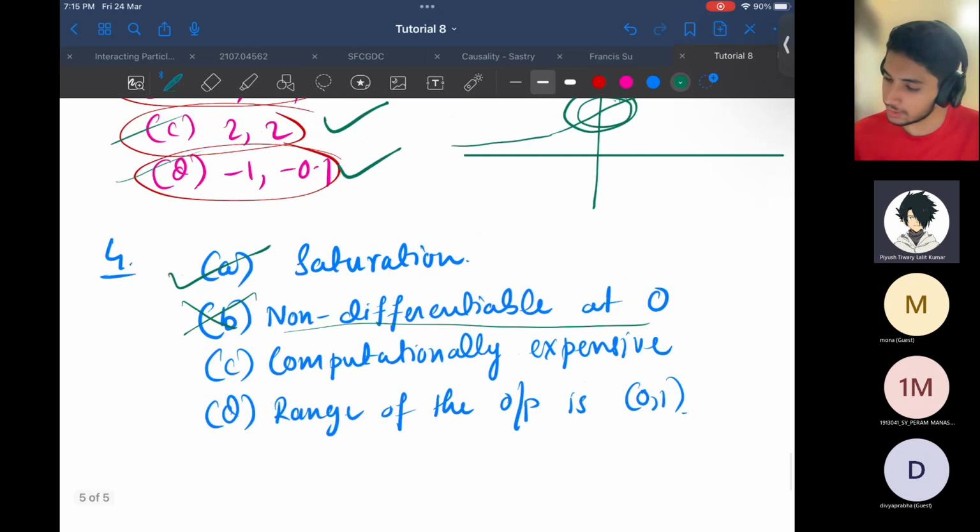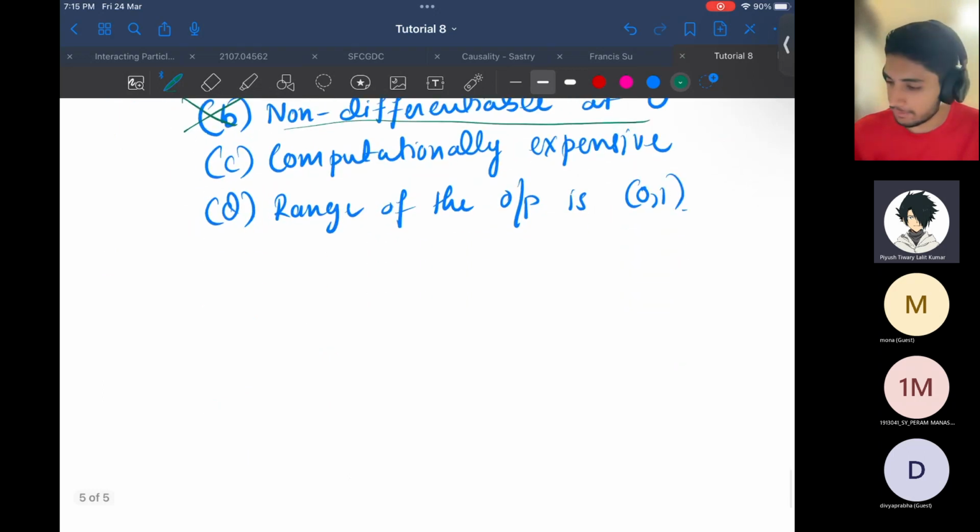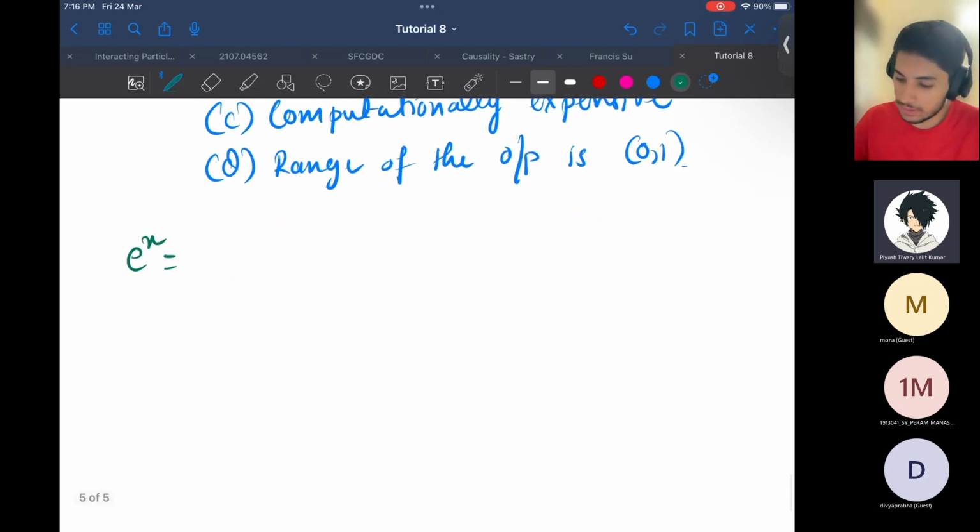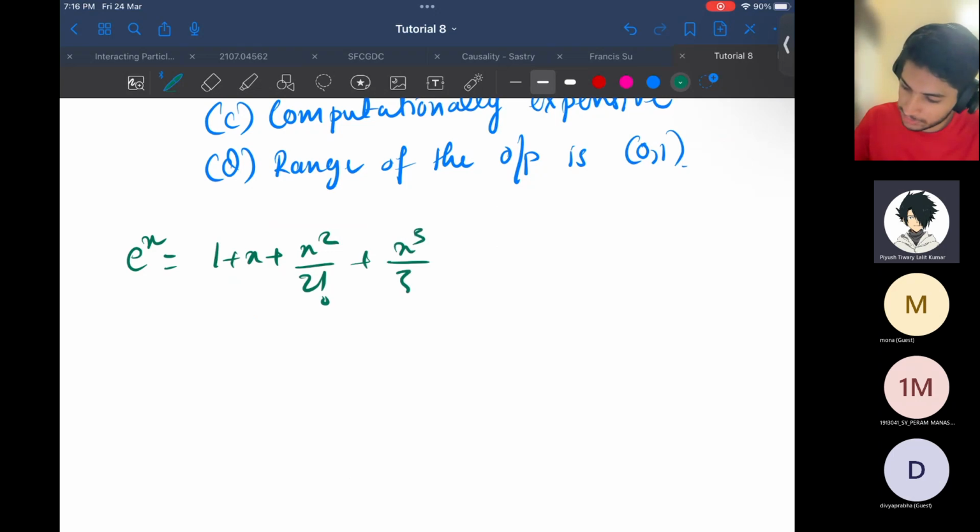Third is it is computationally expensive. Well, do you know how the exponential is calculated? e raised to x. Some people use something called a power series: 1 plus x plus x squared by 2 factorial plus x cubed by 3 factorial, and so on.